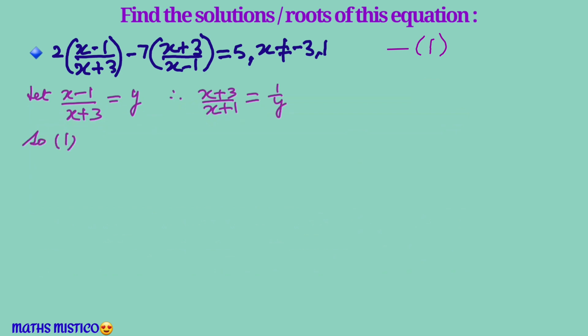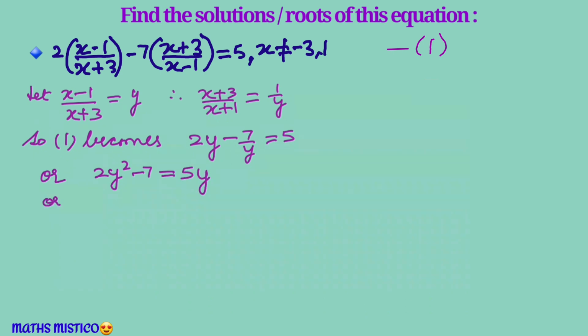This equation becomes 2y minus 7 upon y equal to 5. Now as it contains y in the denominator, to remove it we will multiply throughout by y. And we have 2y square minus 7 equal to 5y, which gives us 2y square minus 5y minus 7 equal to 0.